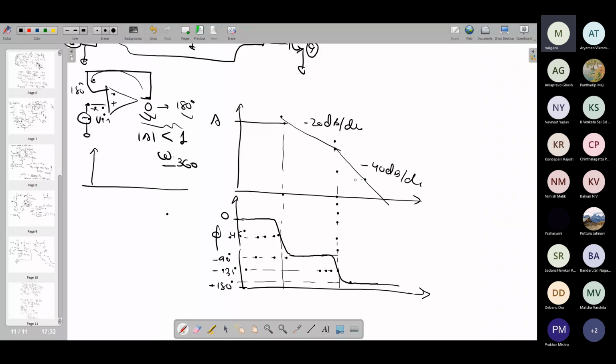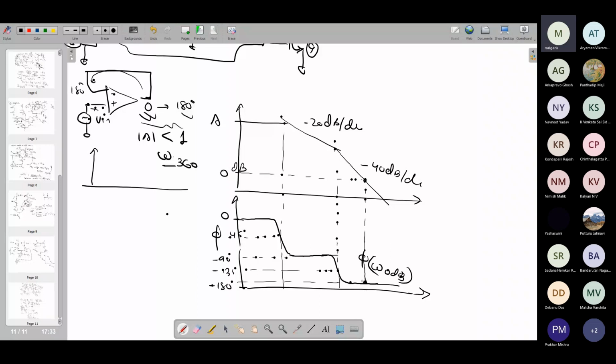So suppose you have a particular frequency where the gain is becoming unity, that means 0 dB. Now at that point, we need to see what the phase value is. So this is the phase at omega 0 dB.